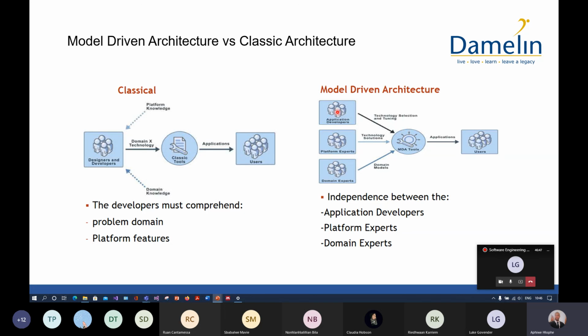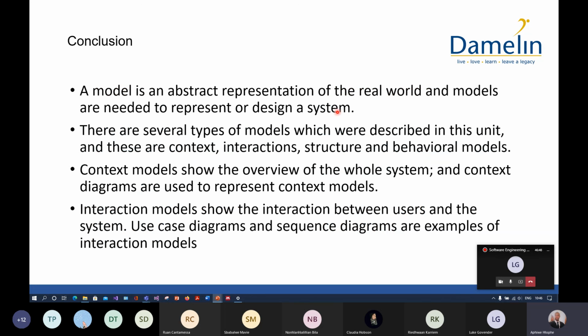So in conclusion, we said that a model is an abstract representation of the real world, and models are needed to represent or design a system. There are several types of models which are described in this unit, and these are context, interaction, structural, and behavioral models.